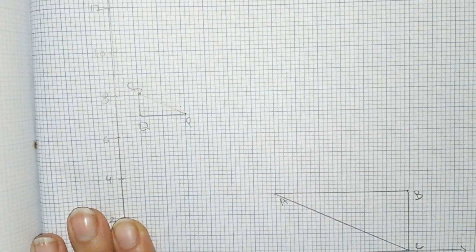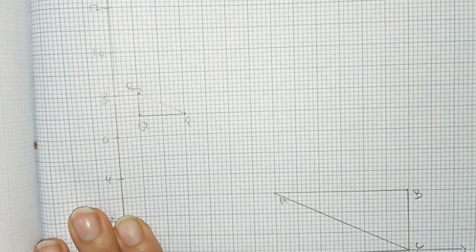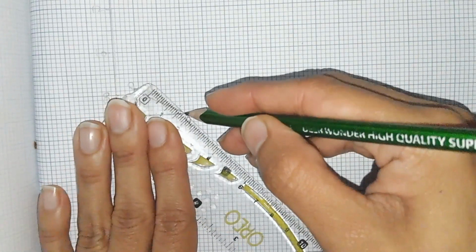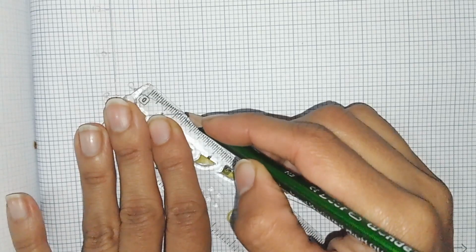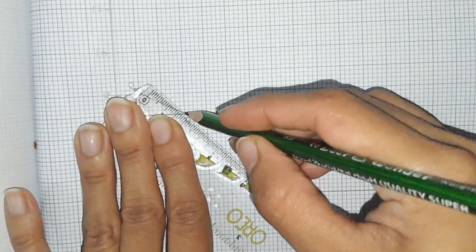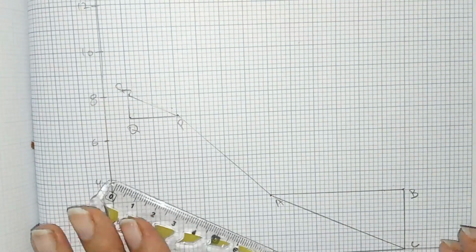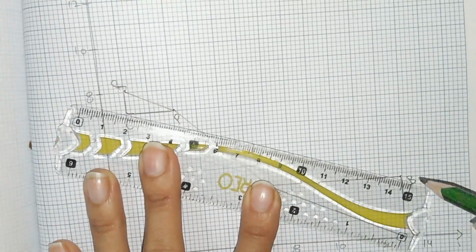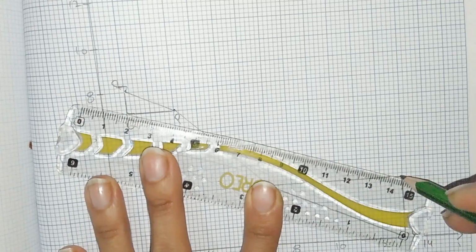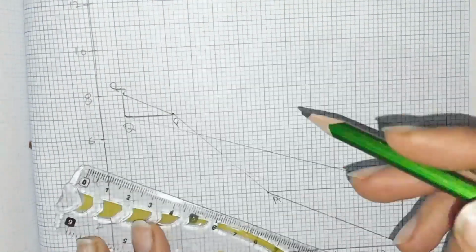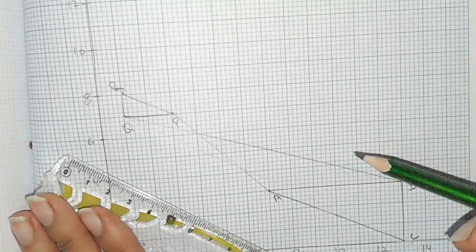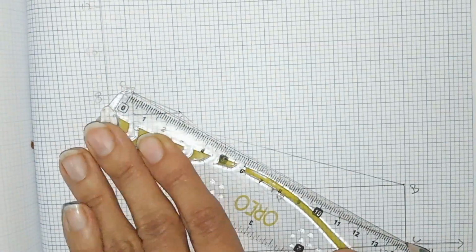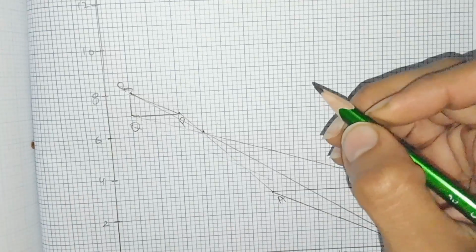Now since this is the triangle PQR, we have to join the points P and A, and now join P and B, and then R and B, R and C. They are joined at that point.